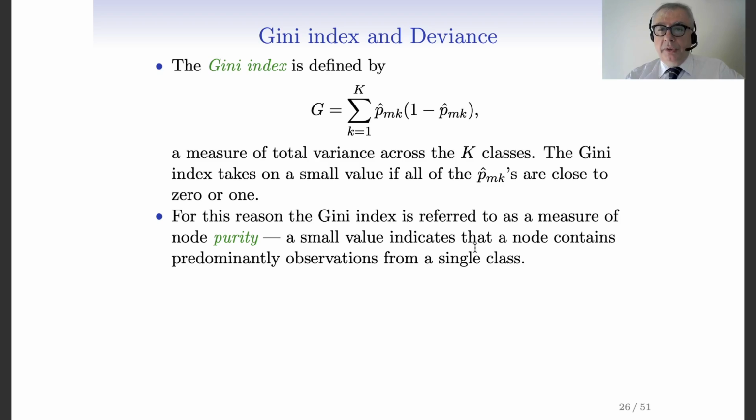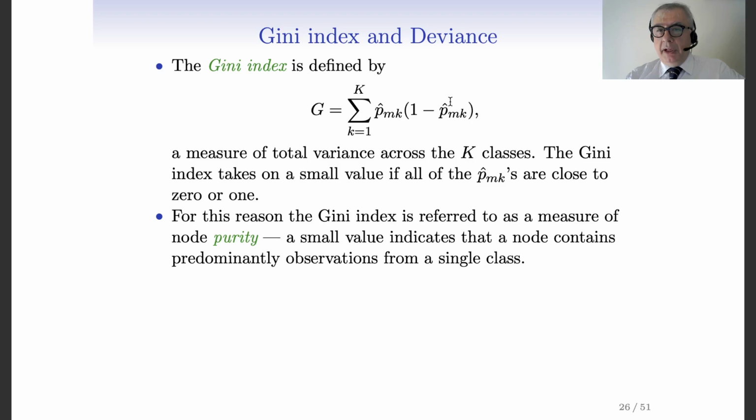and one of these two is the so-called Gini index, that is defined in this way. This can be considered a measure of total variance across the K classes, because you have a sum over k, of course, and you have p hat mk times 1 minus p hat mk.